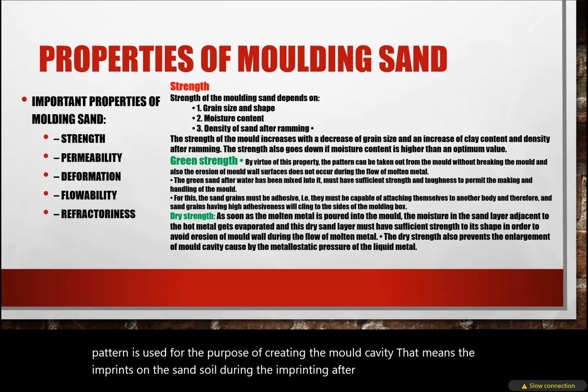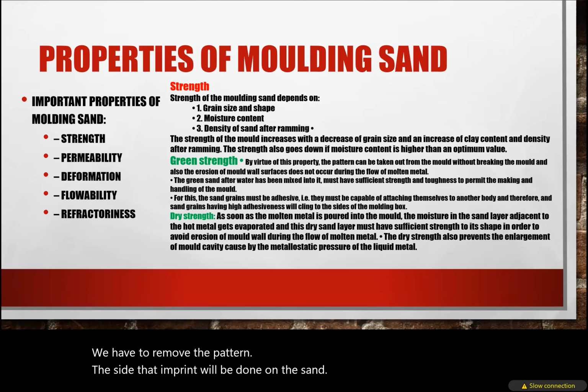What do you mean by green strength? The pattern can be taken out from the mold without breaking the mold and also without erosion of the mold wall surface. That means the mold cannot be broken and erosion cannot happen on the mold wall surface. That is the green strength.